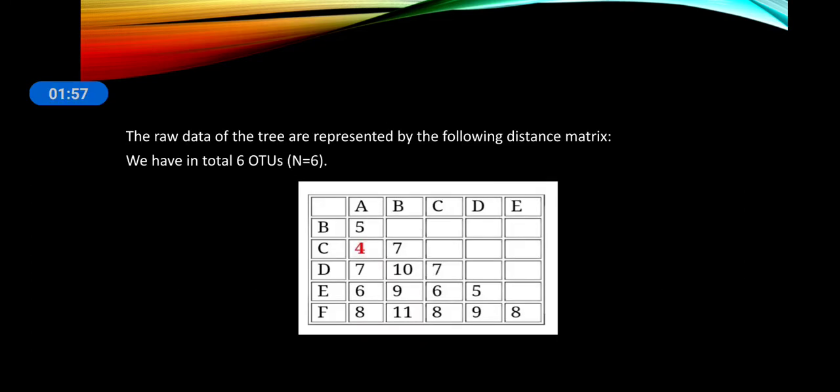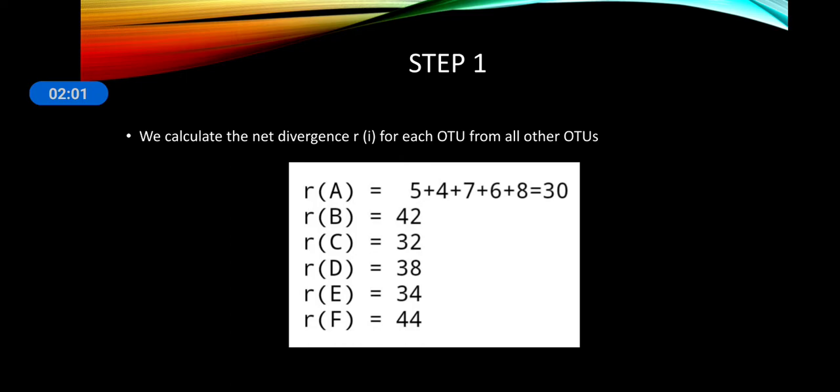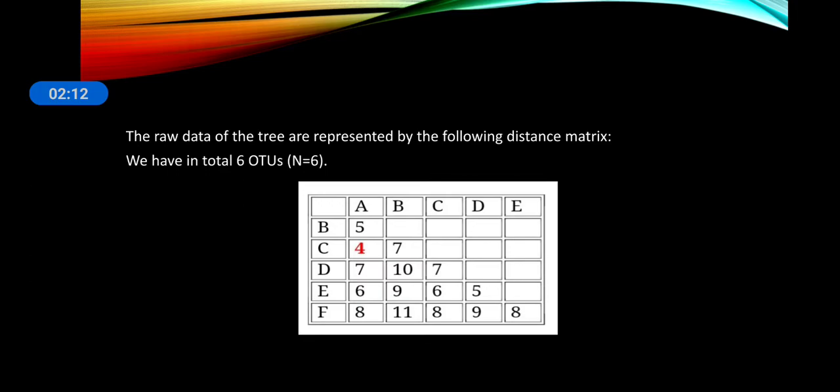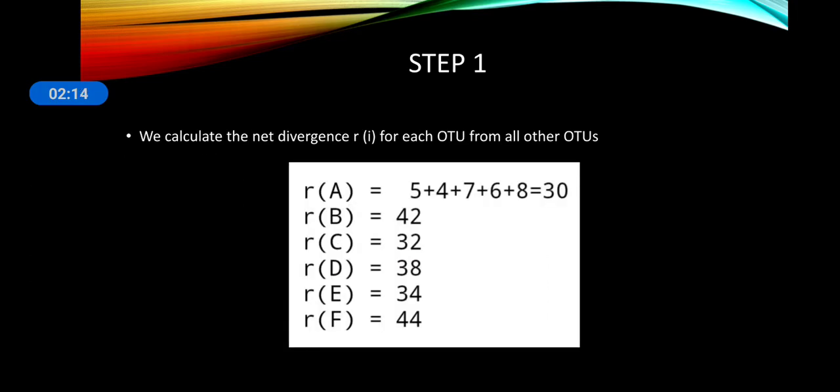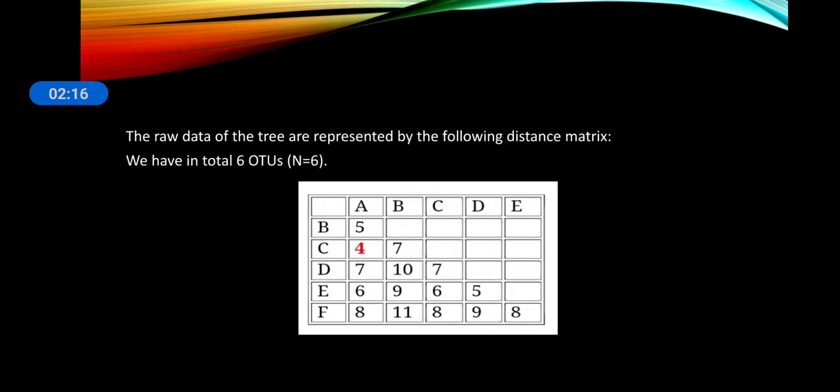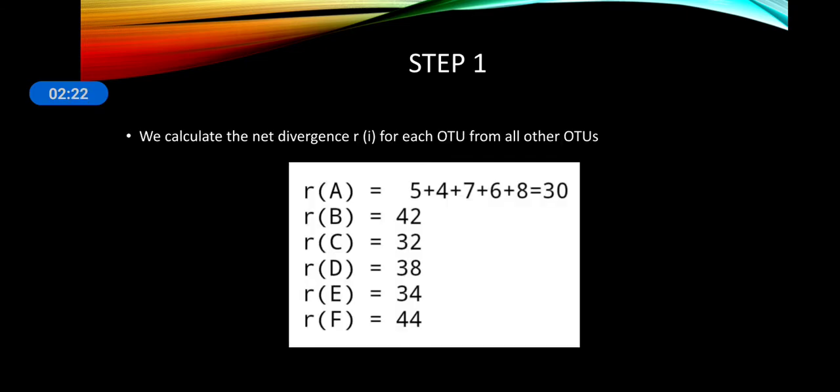Once you have constructed this raw matrix, you will calculate the net divergence, represented by Ri, for each of the outgroups from all the other outgroups. You can calculate it from this matrix. In the case of the net divergence of A, you add 5 plus 4 plus 7 plus 6 plus 8, so that will make 30.